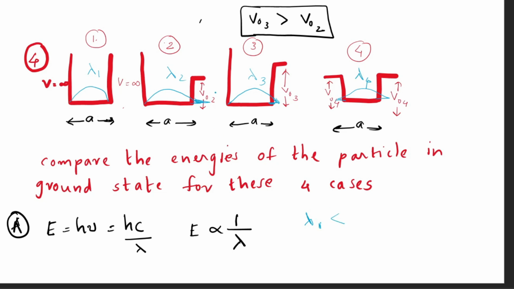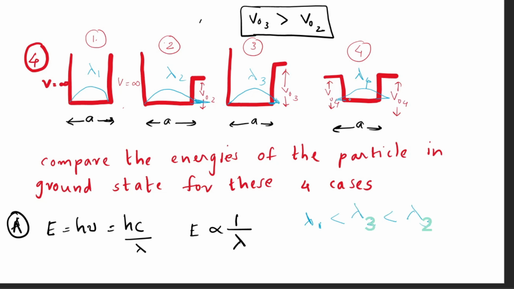And here on the right side, there is a finite potential, so there will be some tailing. On the left side there will not be any tailing because the potential is infinite. And here also, on the right side there is a finite potential, but the finite potential present here is greater than the one present here, so the tailing will be small. So when the potential increases, the tailing becomes smaller. When it is infinite, the tailing is 0.